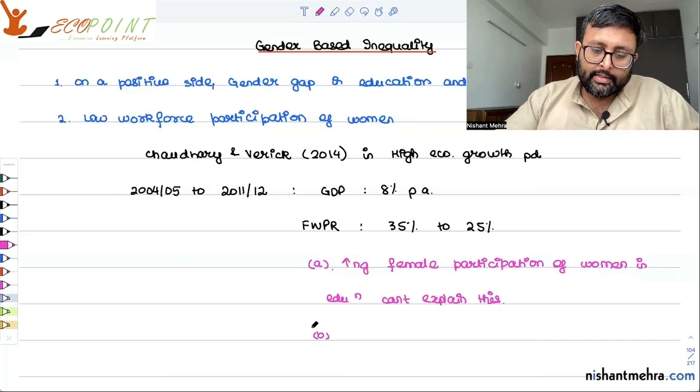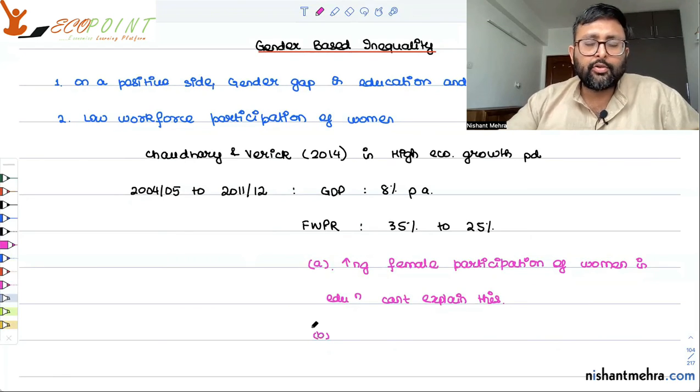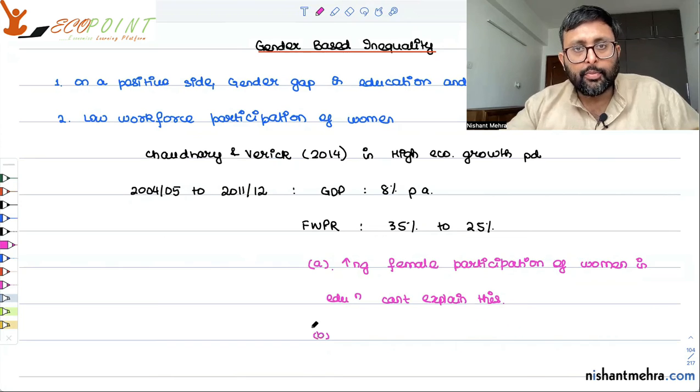The other reason is that because of the mechanization in agriculture, now you don't need that many people in agriculture. So people might have said, okay, fine, we don't need women's labor in agriculture.